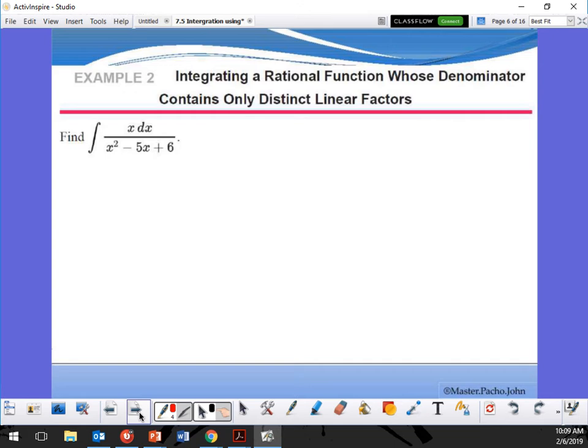Factor it. So we're gonna get what? So it's going to break up into the integration of x over x minus 2 and x minus 3 dx, right?